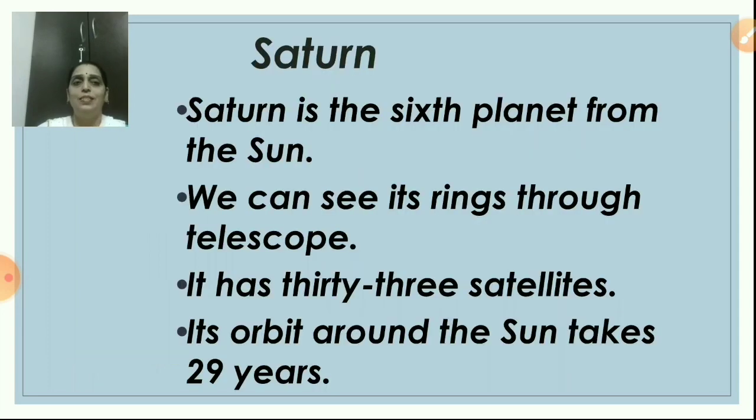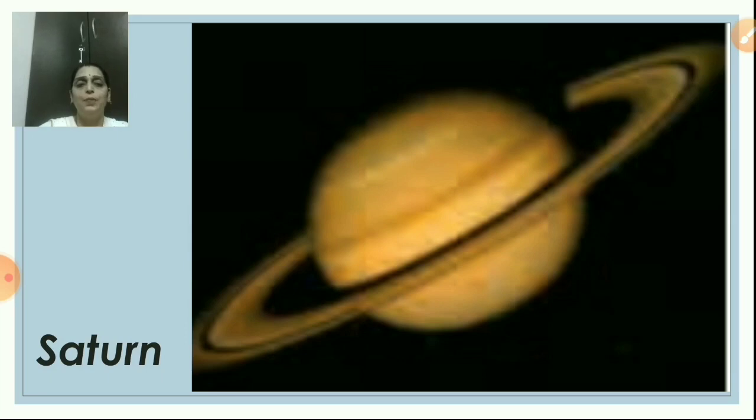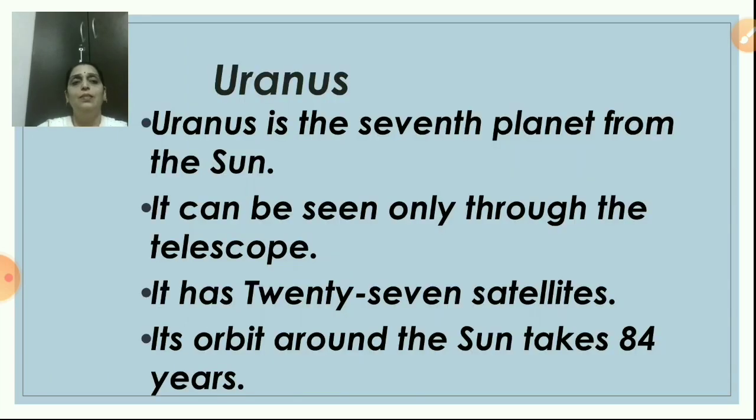Very good. Next, Saturn. Saturn is the 6th planet from the Sun. We can see its rings through a telescope. It has 33 satellites. Its orbit around the Sun takes 29 years. And this is the picture of Saturn. Next is Uranus. Uranus is the 7th planet from the Sun. It can be seen only through the telescope.